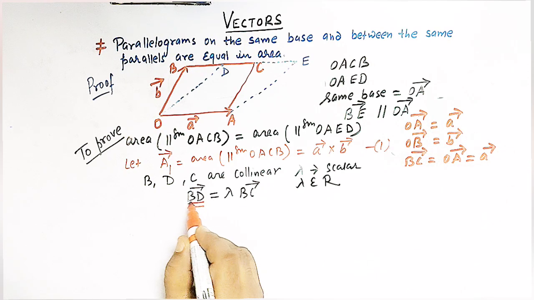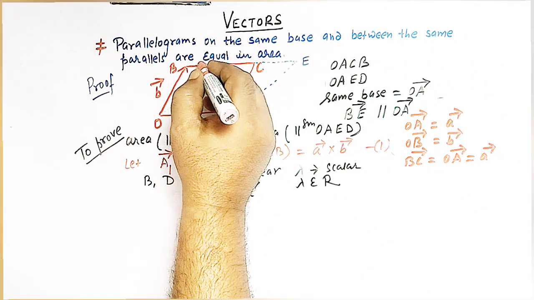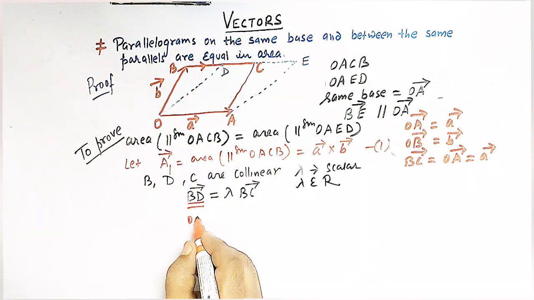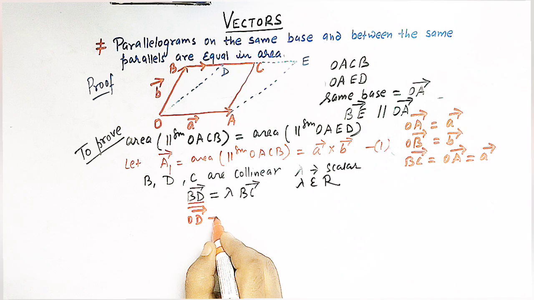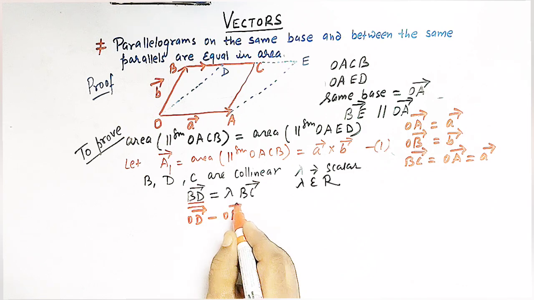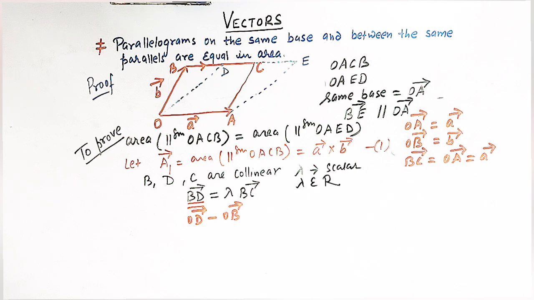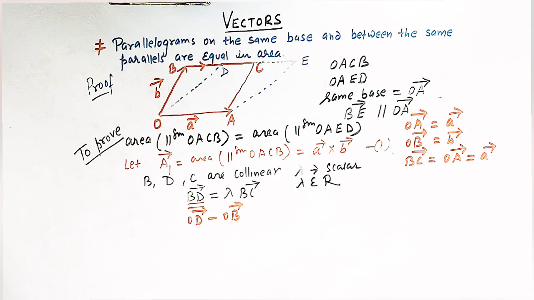And this vector BD can be represented as vector OD minus vector OB by using the triangle law of vectors.